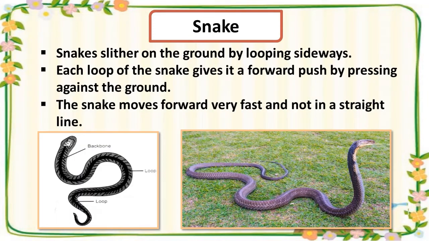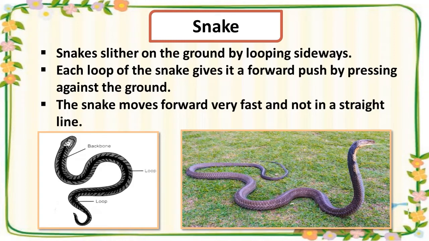Students, you might have seen a snake moving and observed that it moves forward very fast. But it does not move in a straight line. A snake slithers on the ground by curving its body into many loops, which means curved shape.